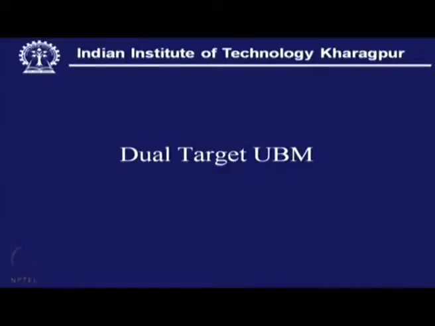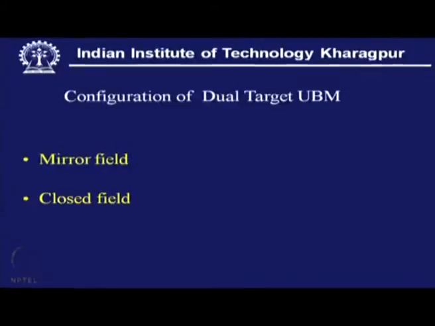So, as a substitute for this single target magnetron, now we have a dual target unbalanced magnetron. This dual target, in simple terms, is 2 targets facing each other.